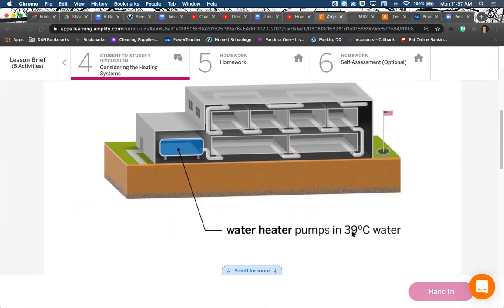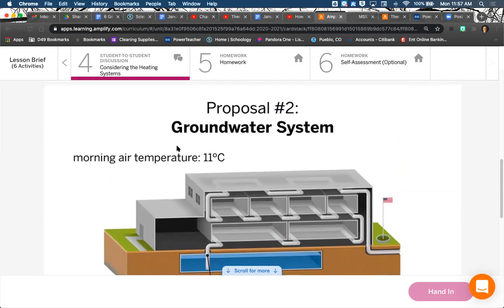The water comes in at 49 or is heated every day up to 39 degrees Celsius and is pumped through these pipes. The pipes then heat the air in the school as the pipe meanders through all the rooms of the school, and then that's put back into the tank to use the next day.